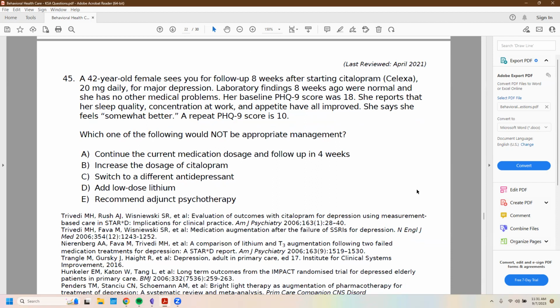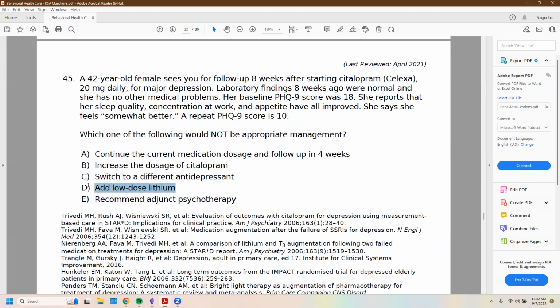So the answer here is actually A. And there's a lot of discussion on the ABFM forums about this answer.